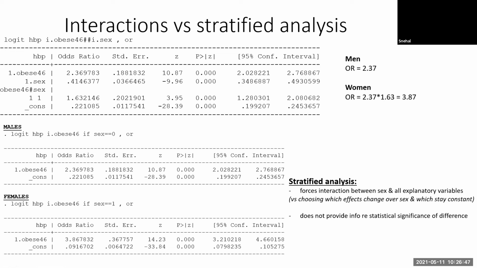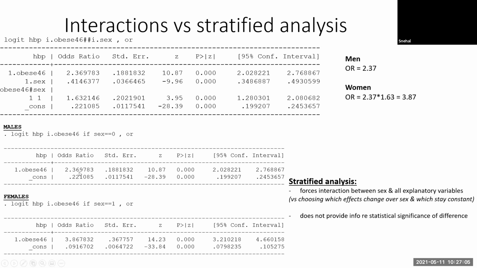And also on a practical level, if I do a stratified analysis like this for males and this for females, I can't say with any certainty that the odds ratio of 3.86 is different from 2.36.